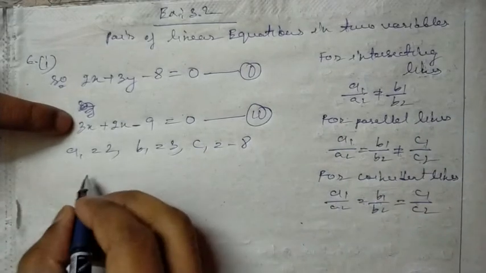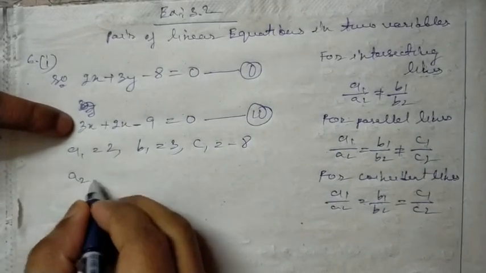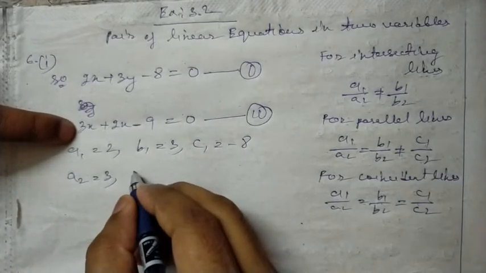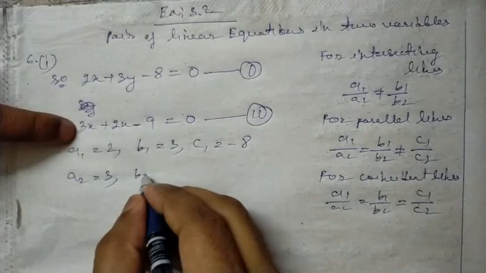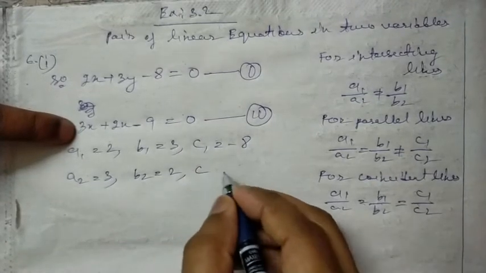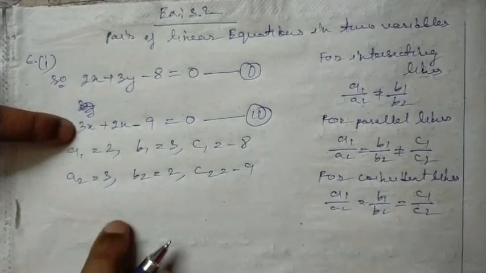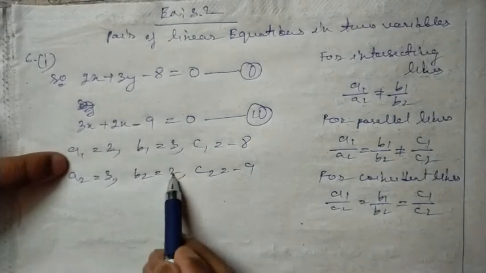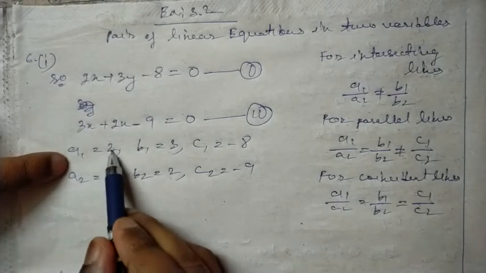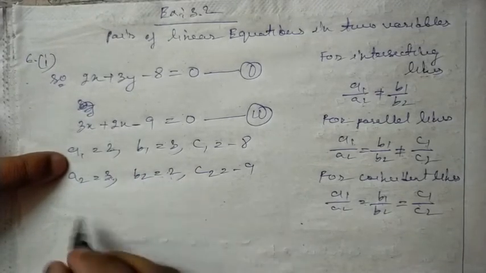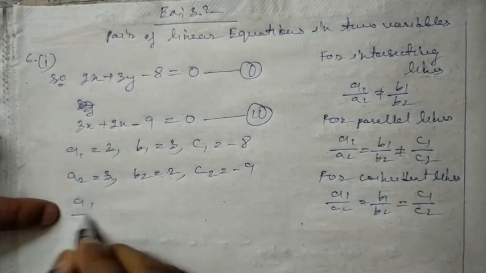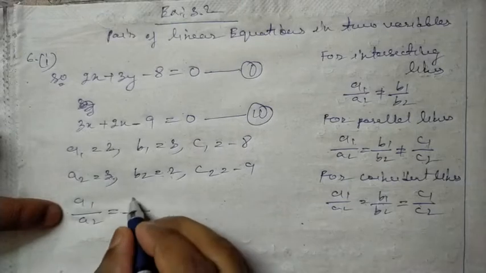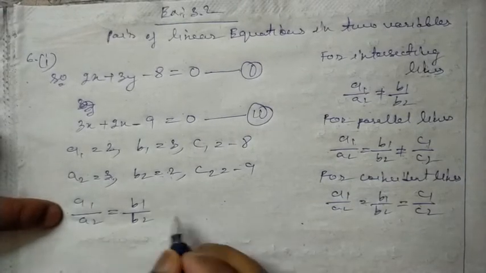So a2 from equation number 2 will be 3, b2 will be 2, and c2 will be minus 9. I can write here a1 by a2, b1 by b2.